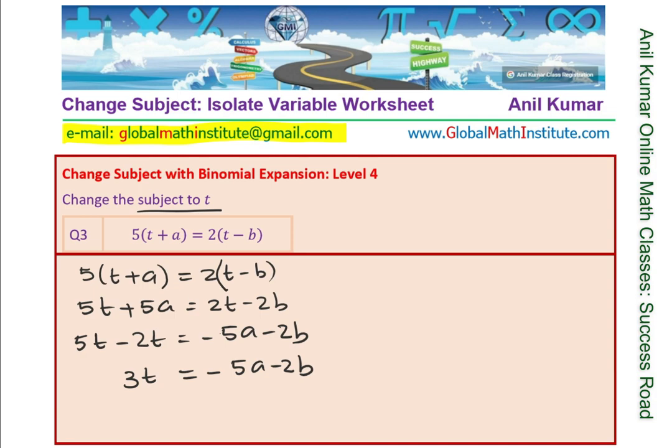So now we can divide by 3 on both sides to get the solution. So t is equal to minus 5 by 3 a minus 2 by 3 b. Does that make sense? So we have isolated t and changed the subject to t. Perfect. So that is how we are going to do it.